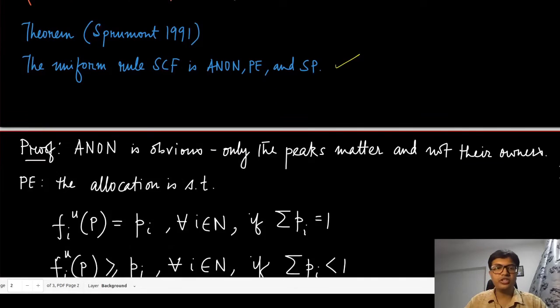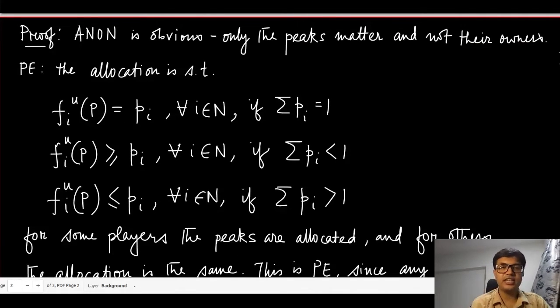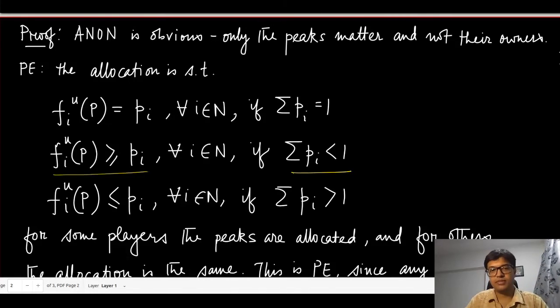So anonymity is obvious. Pareto efficiency, we have already discussed this in the module before, that whenever we have a Pareto efficient allocation, it must be the case that when the sum of these peaks is less than 1, the allocation should be overloading each of them, and there should not be any situation where someone is overloaded, someone is underloaded. Then that will never be Pareto efficient.